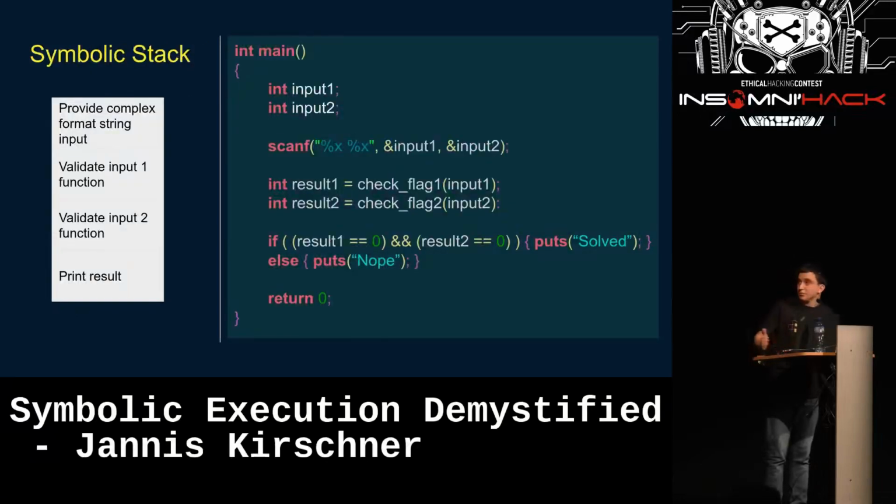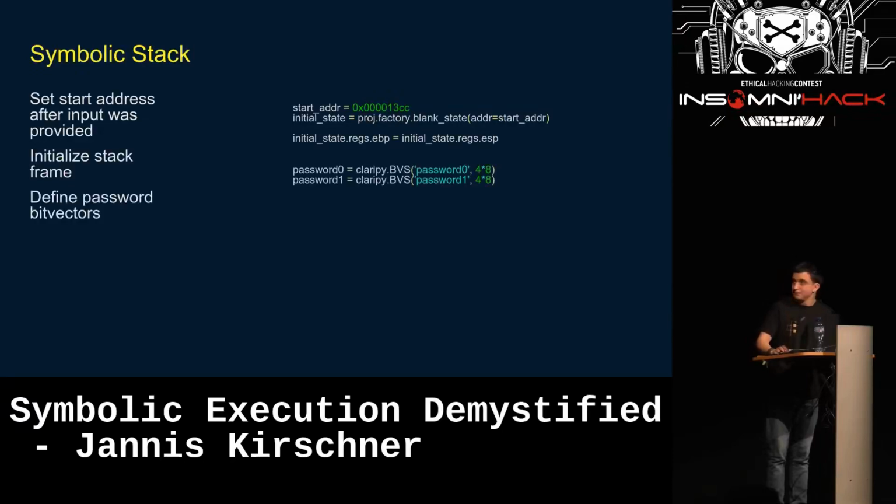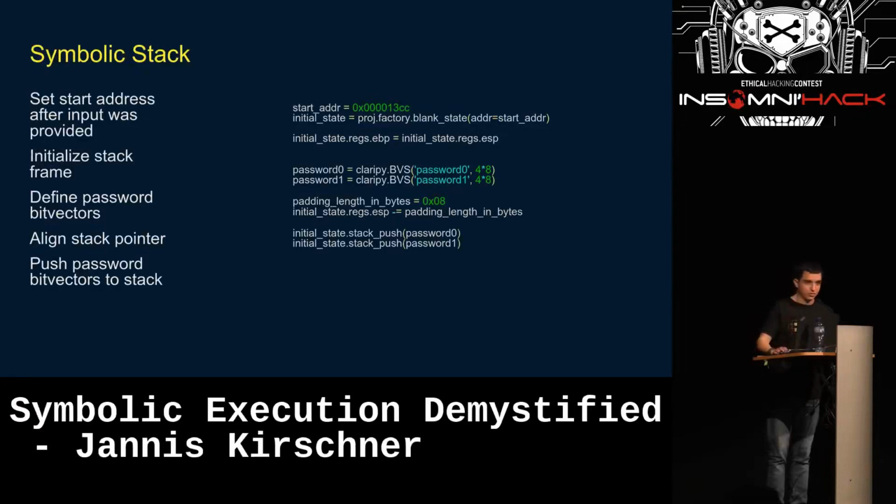So let's look at an example where we don't have to provide one password, but two. In this case, we set our state right after we would have provided our values normally as a user. Then we initialize the stack, define our password bit vectors. We align the stack pointer for our new password bit vectors. We push them onto the stack.